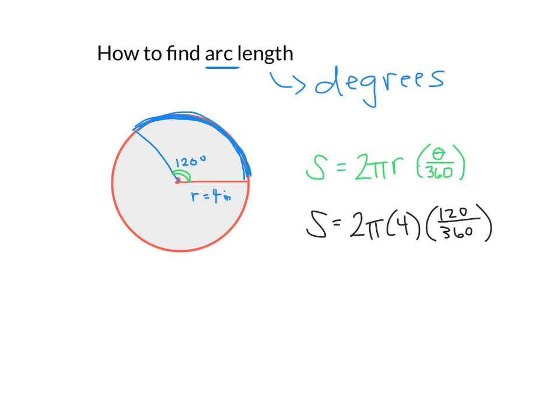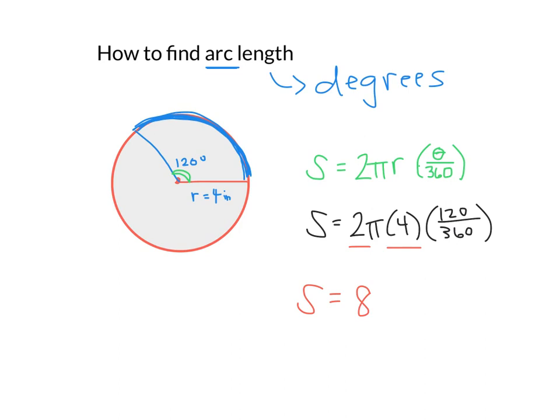And a lot of times the question will say leave it in exact terms or something like that. And that just means that it wants it in terms of pi, so it doesn't want you to simplify in that way. We're going to multiply everything except for the pi. So 2 times 4 is 8.